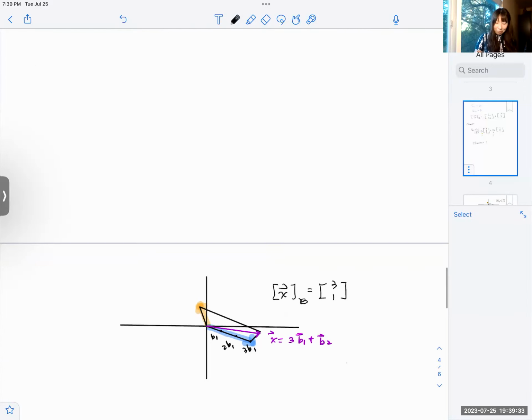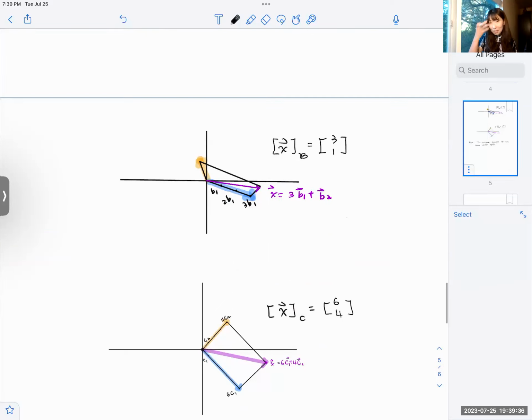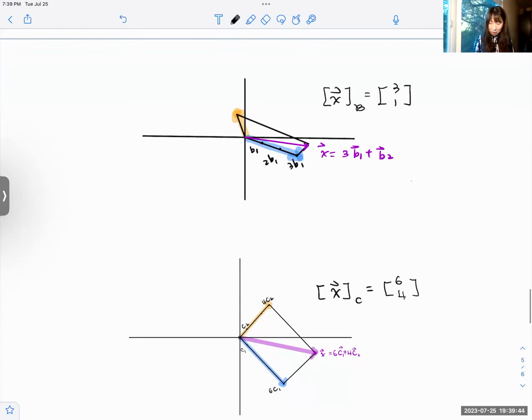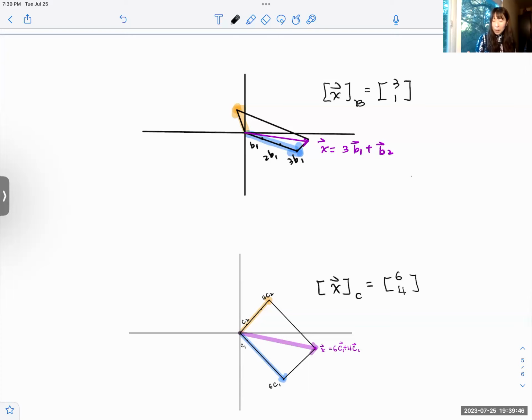Okay, now, I'm not good at drawing, but it took a lot of time. Make me draw this one. It takes a lot of time. Oh, so bad. Okay, so basically, the scale is different. So this is 3 b1 plus a v2. So this is a v2. So 1 unit, v2.